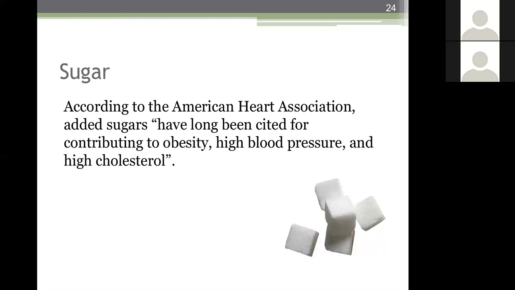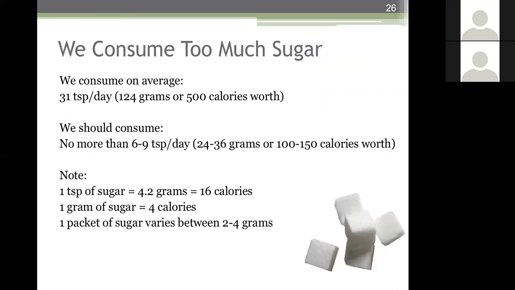So for example, we know that the average American consumes 31 teaspoons of sugar a day, which is about 124 grams. If this sounds like a whole lot of math, just remember that all the sugar content on labels will be listed in grams.